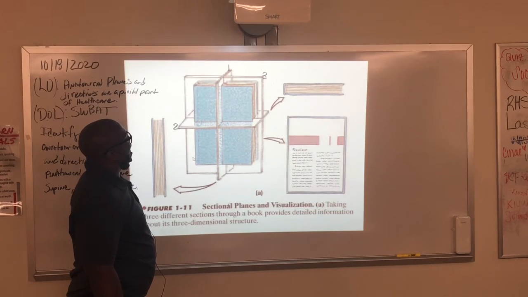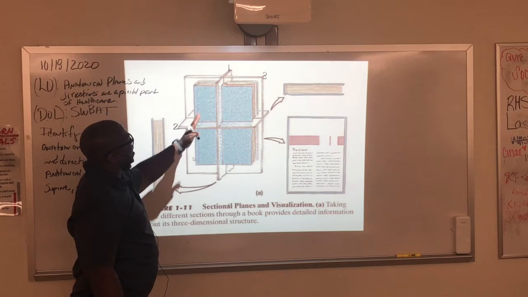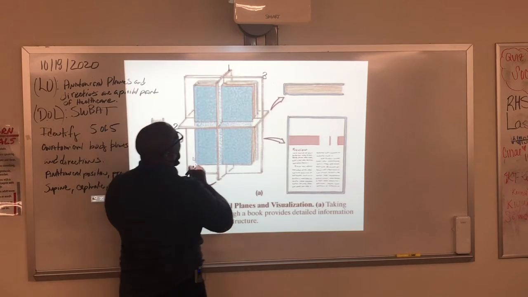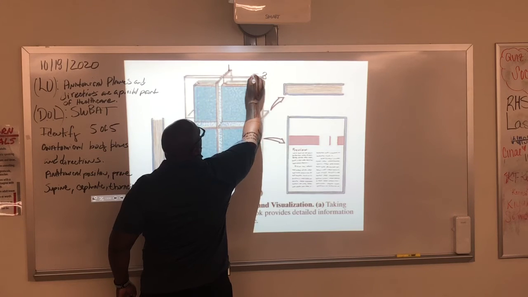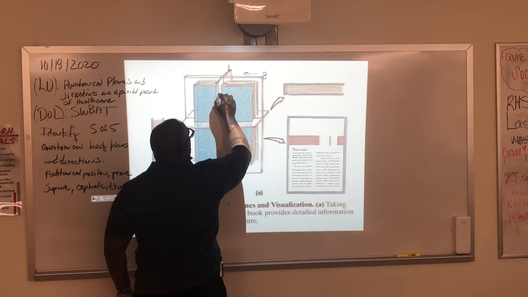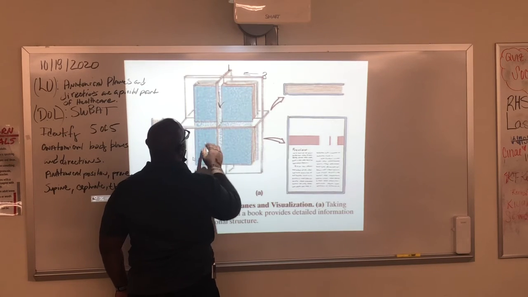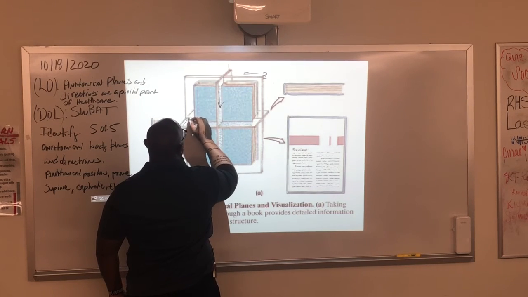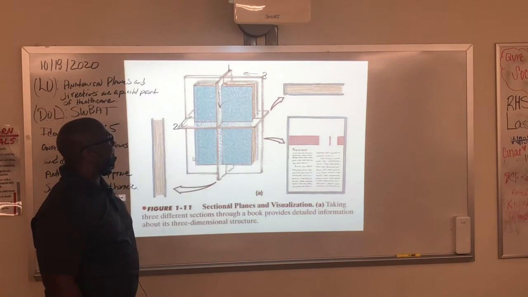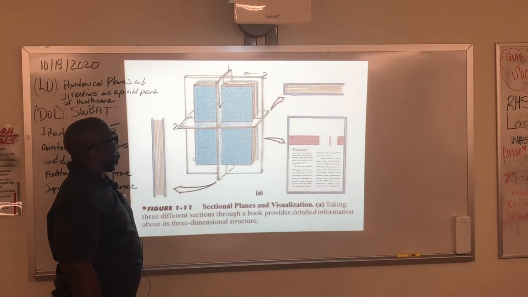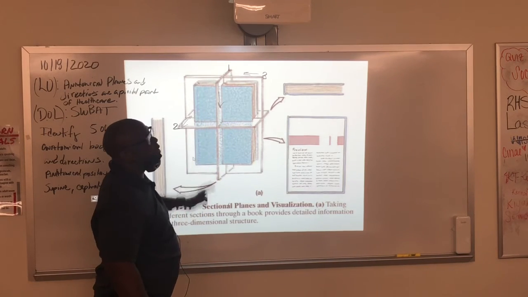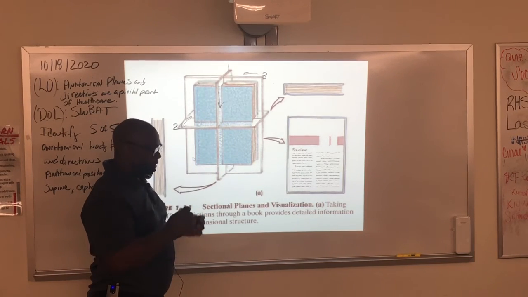First of all, look at it. If this was the body, where is that plane going? If the blue part is the body, how is it cutting that person?